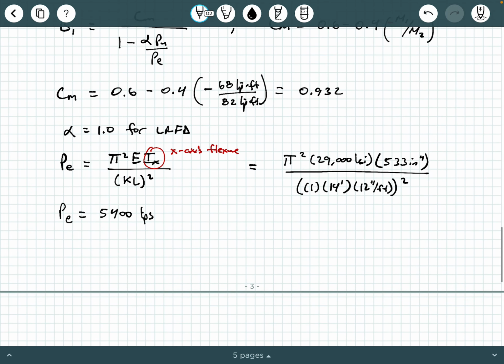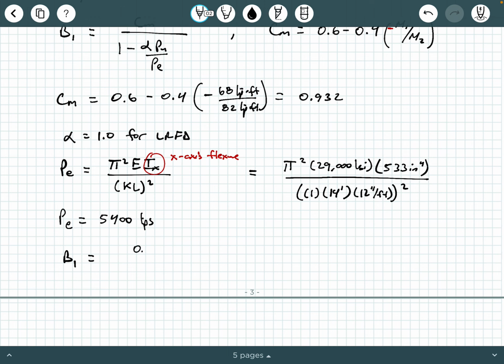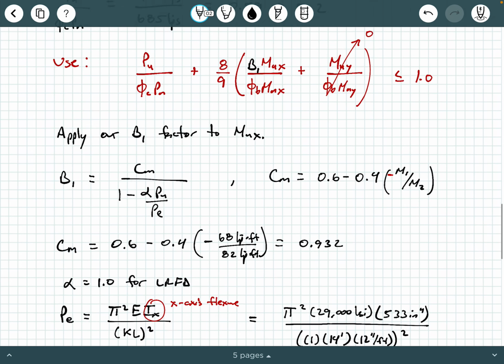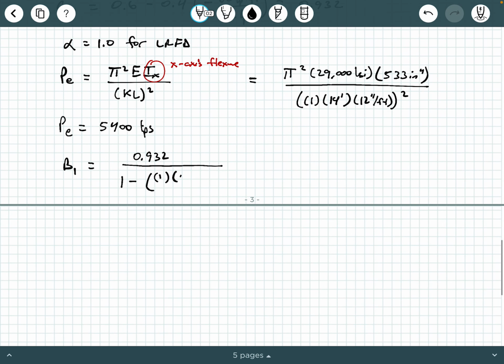And so let's go ahead and calculate this B1 factor using our governing equation. Cm is 0.932 all divided by 1 minus 1 times, what was our PU again? I think it was 404 kips if I remember correctly. 404 kips divided by P Euler, 5,400 kips.